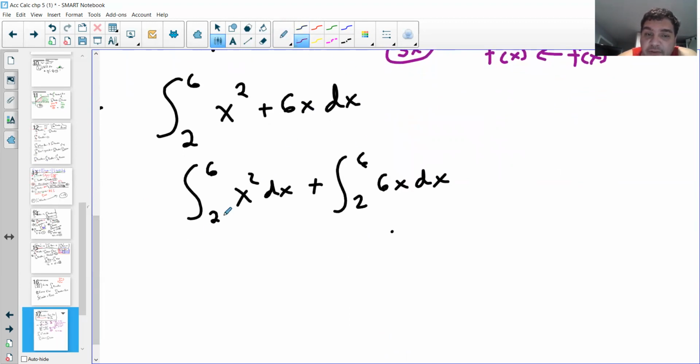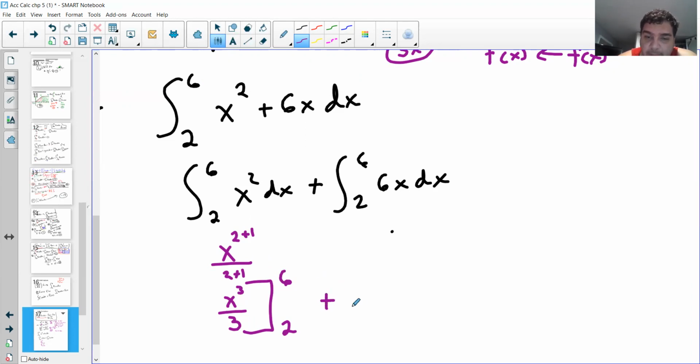From here, I'm going to do the antiderivative of each one. So the antiderivative is x to the 2 plus 1 over 2 plus 1, or in other words, x to the third power over 3. Now I'm going to use that kind of notation that I had before, from 2 to 6. This is the difference when you plug in 6 and you plug in 2.